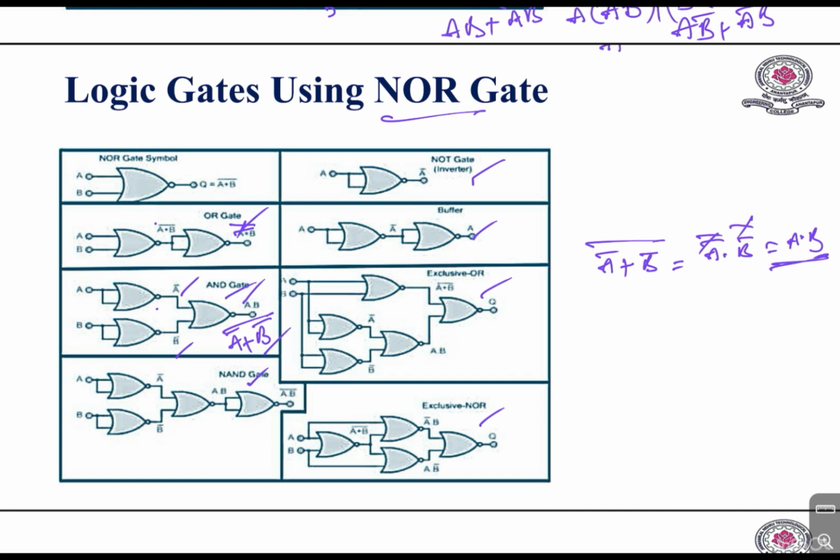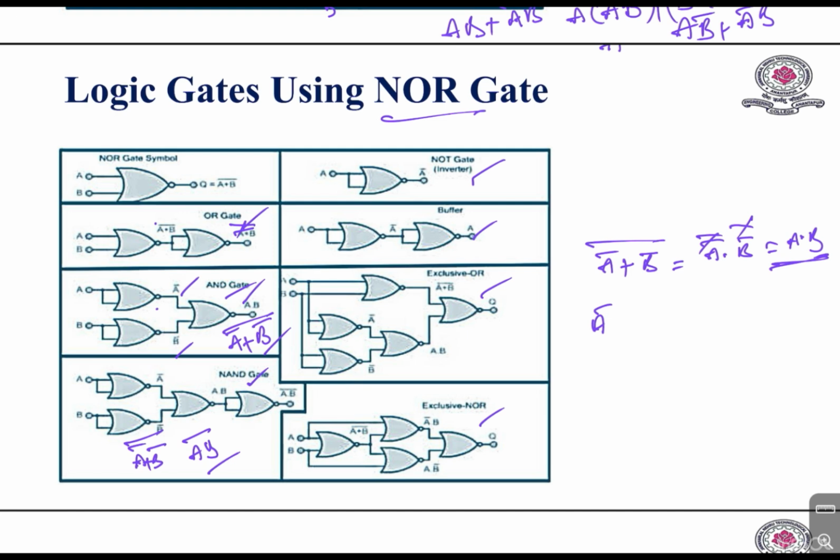And in the same way, how to construct the NAND gate using NOR gate: one NOR gate will give the complement of input, A bar, B bar, and again we give these to a NOR gate. So this one is nothing but A bar plus B bar whole bar, which gives AB, and one more NOR gate will give the complement.